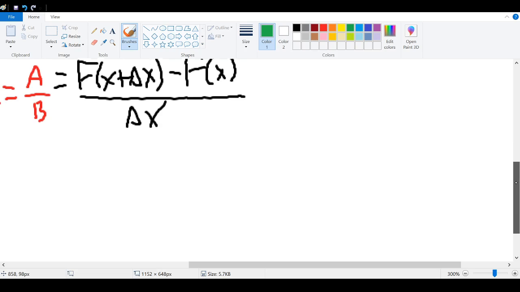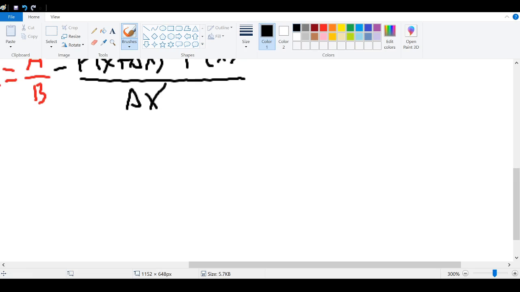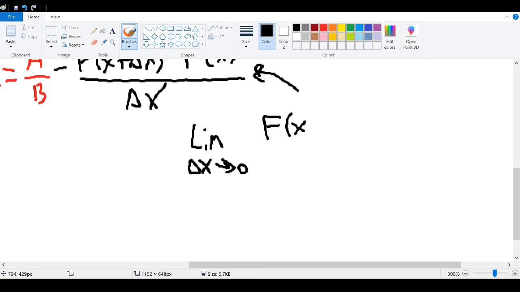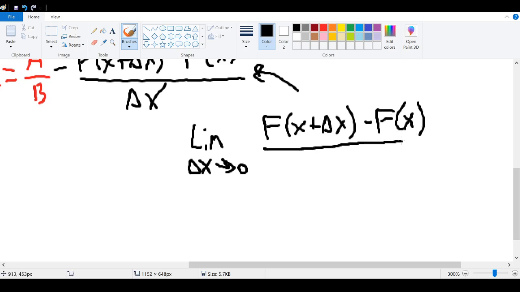So let's bring in calculus. Let's take a limit as delta x approaches 0 of this entire quantity, capital F of x plus delta x, subtract away F of x, and now divide by delta x.